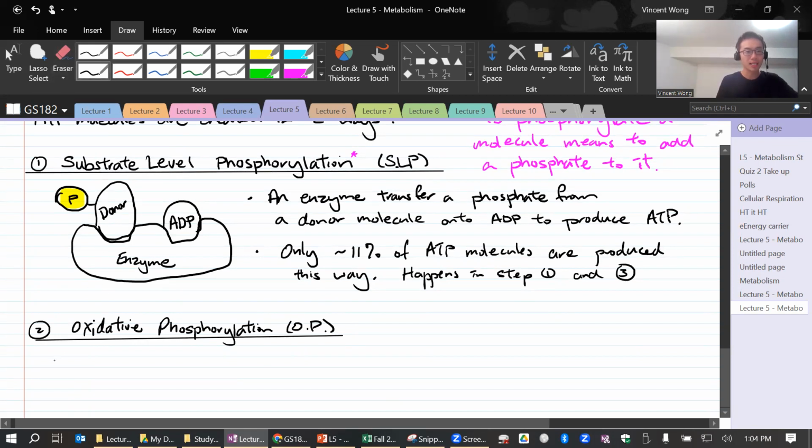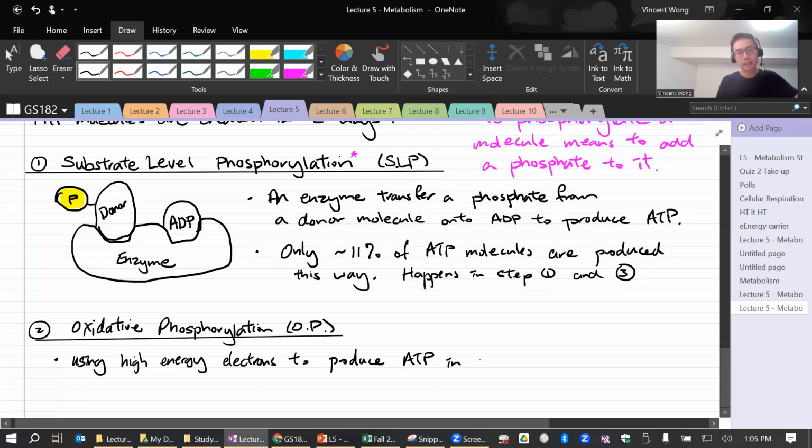But for now, you remember those high energy electrons that we captured from step 1, 2, 3? So we're gonna be using those, using high energy electrons to produce ATP in step 4. Step 4 is ETC, electron transport chain.